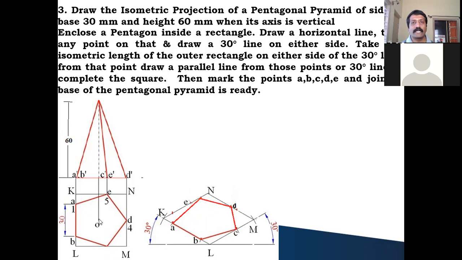So how to get the center of the pentagon? You have to bisect any two lines to find out the center of the pentagon. How to draw it? For example, from A to B, take more than half and draw an arc from A as well as B. Similarly, for another side, from A to E, take the same more than half with the help of your compass, and cut from A as well as E. With that intersection, you draw a line to this corner, and here whatever the intersection after bisecting AE, you draw a line to this corner.